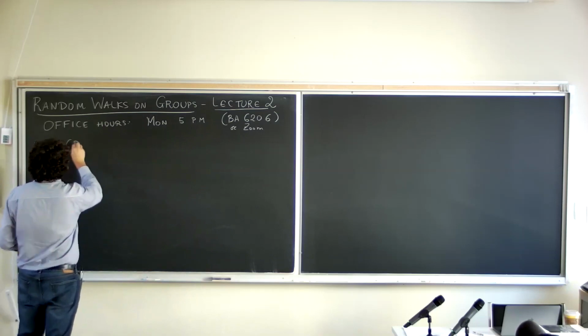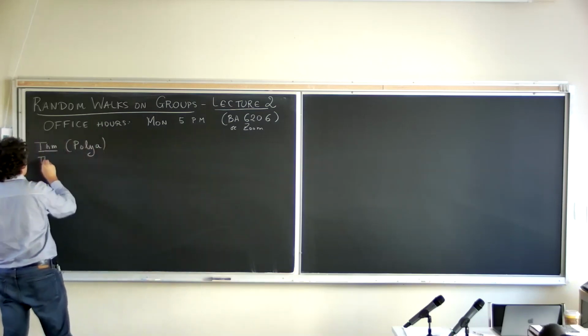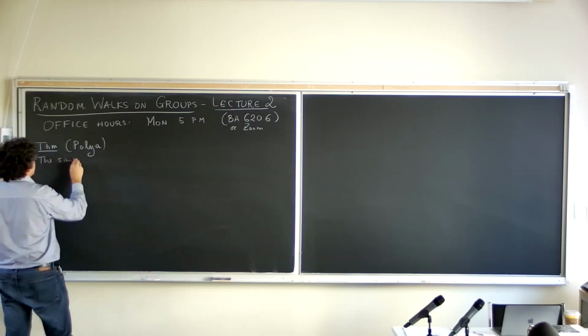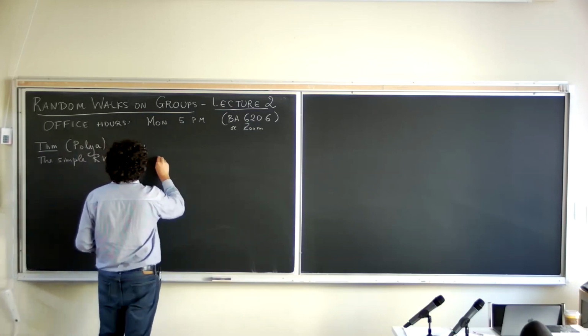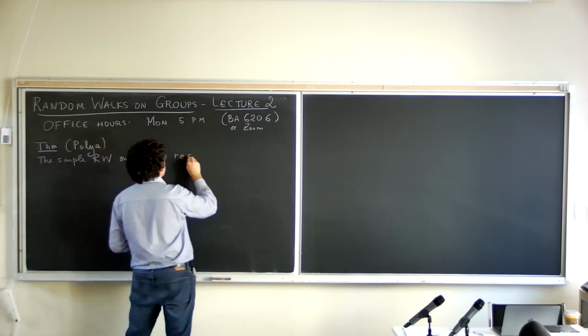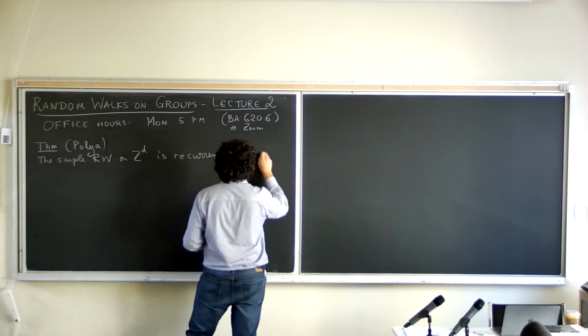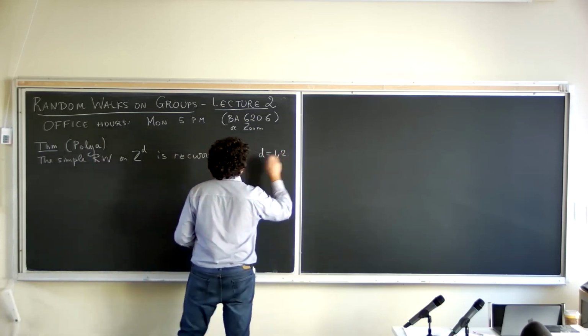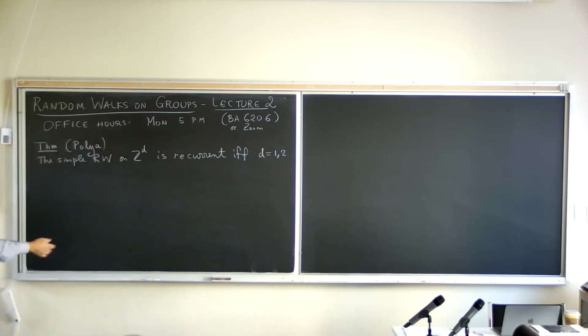There's a famous theorem of Polya that says the simple random walk on Z^d is recurrent if and only if d equals 1 or 2. So once again, in low dimension, your walk will be recurrent.